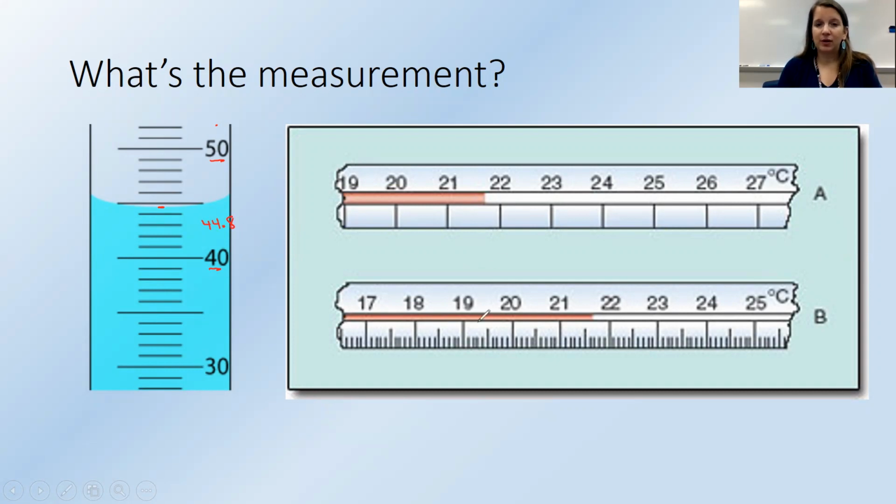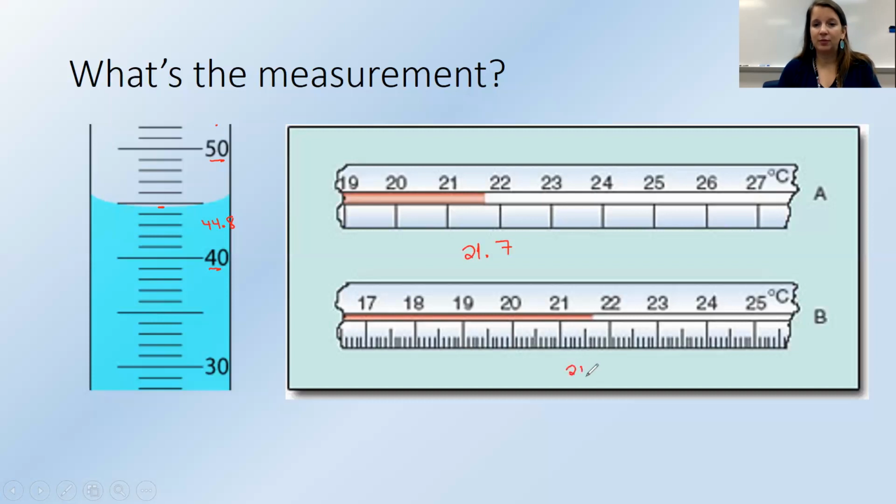Over here, we have two thermometers. We're trying to record the temperature here. Thermometer A only has measurements of every 1 degree. So when we record our measurement, we can say that this is 21 point. We estimate one extra digit, so we could say 0.7. Down here, though, we have a little tick mark between each of these that represents an increase of a tenth.